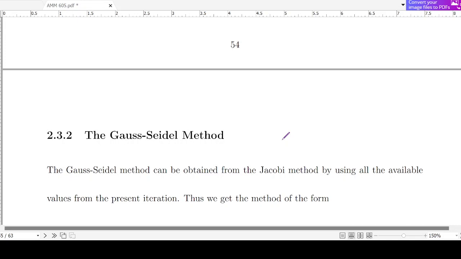Now we have the Gauss-Seidel method. The Gauss-Seidel method is obtained in the same way as the Jacobi method. We get to the iterative method almost the same way.